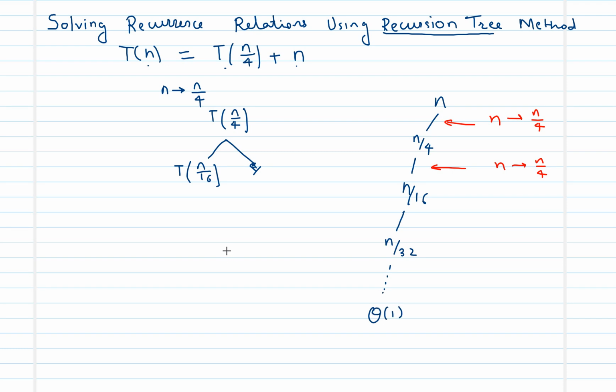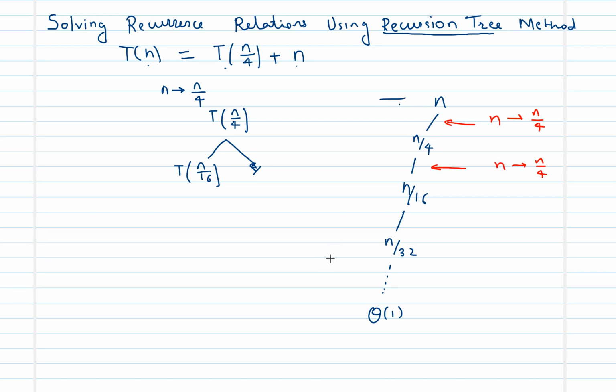At each stage n has been changed to these values, so now the entire thing is simplified as summing each and every level of this tree.